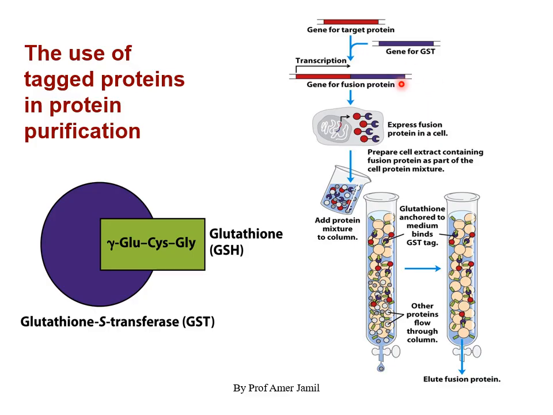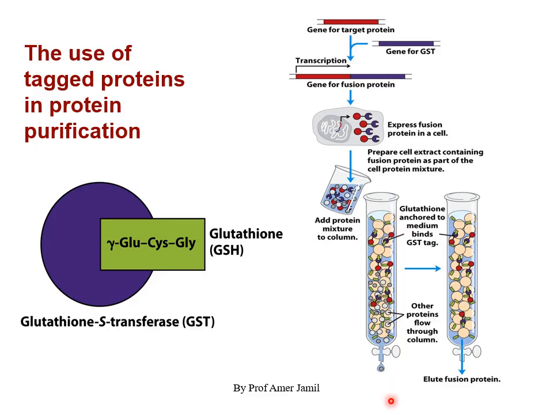Now because this GST tag is added here, what will happen? We have a column chromatography. In this column there is a filling of glutathione. So glutathione is anchored to the medium, and when we add our protein mixture to this column, remember that this protein mixture contains these fusion proteins with the GST tag attached.